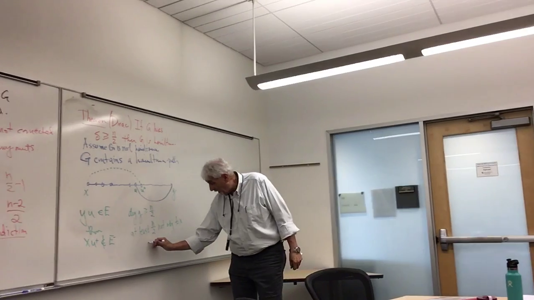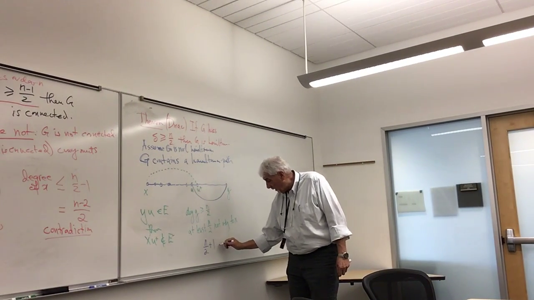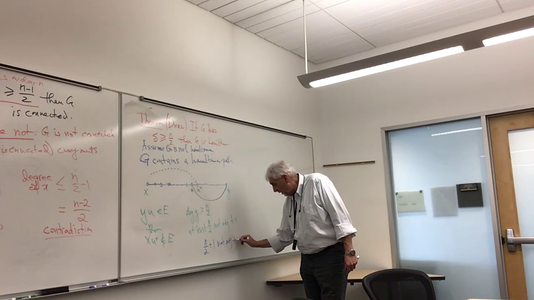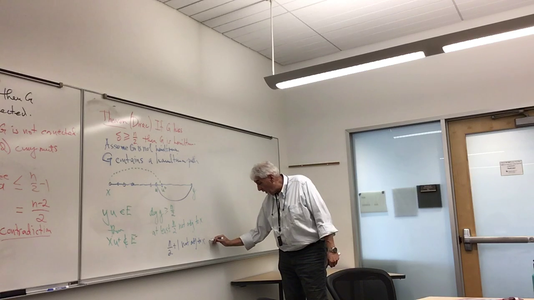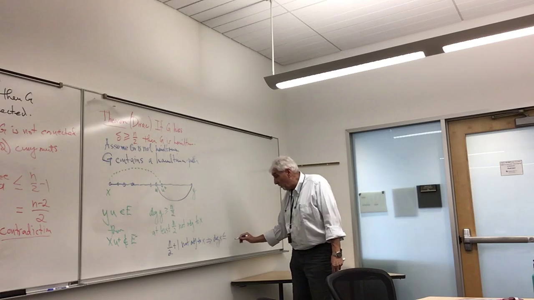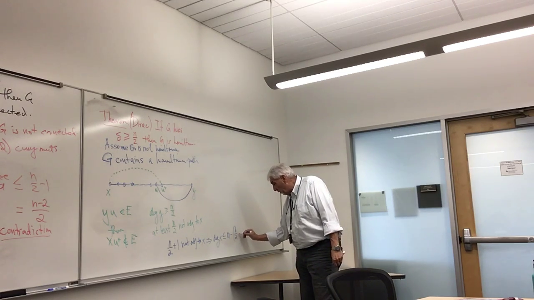Okay, if I can find n over 2 plus 1 not adjacent to x, this would be a contradiction because this would imply that the degree of x would be less than or equal to, and I'm going to write it as n minus n over 2 plus 1.